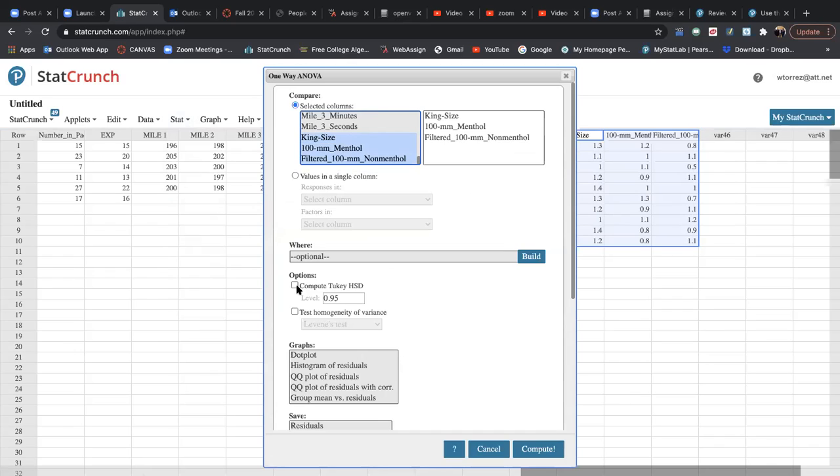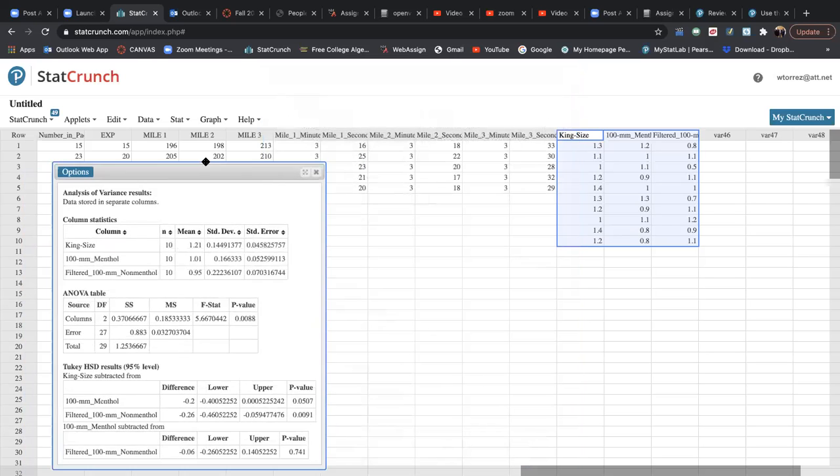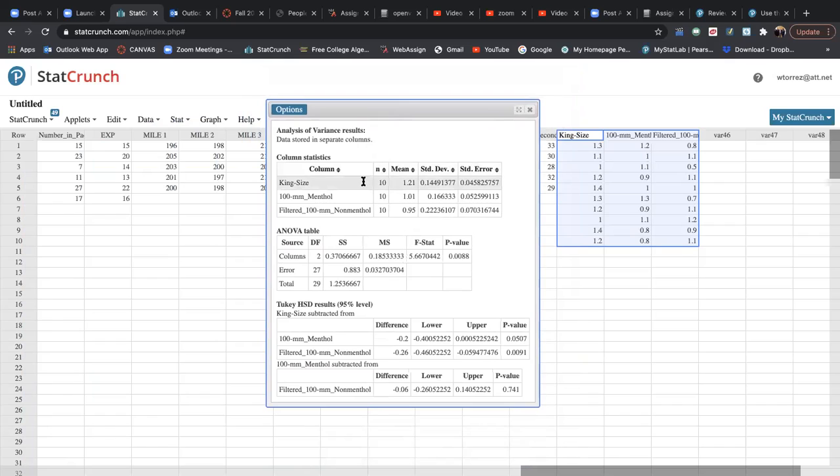And alpha is 0.05. So let's work that, and we compute our statistics for the data. Here are the key statistics.